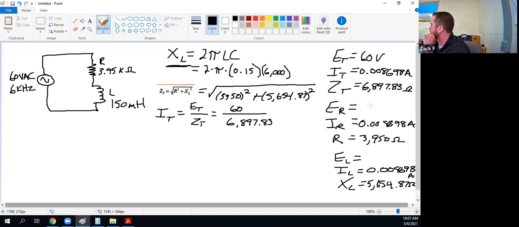So can we use Ohm's law then to solve for voltage across the resistor and voltage across the inductor? Yes.